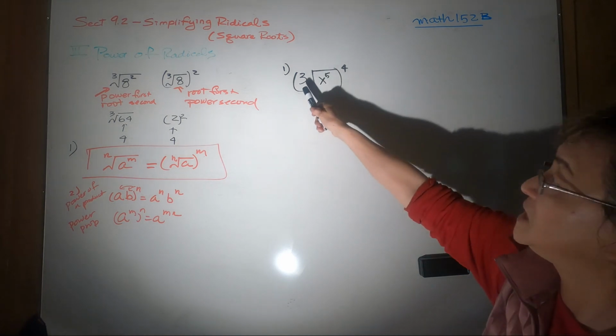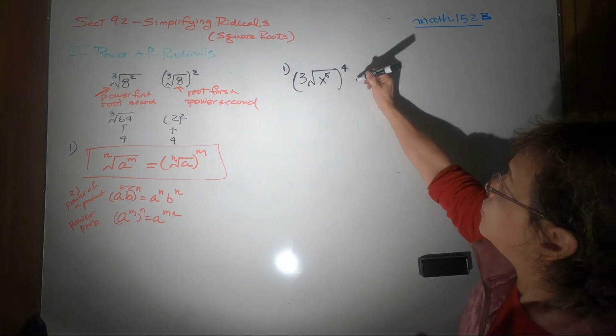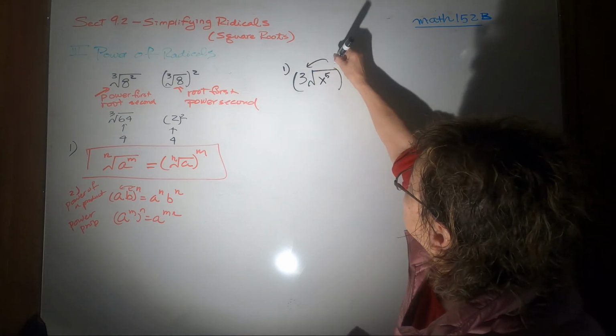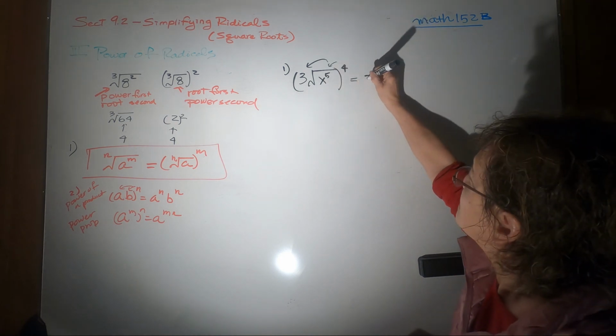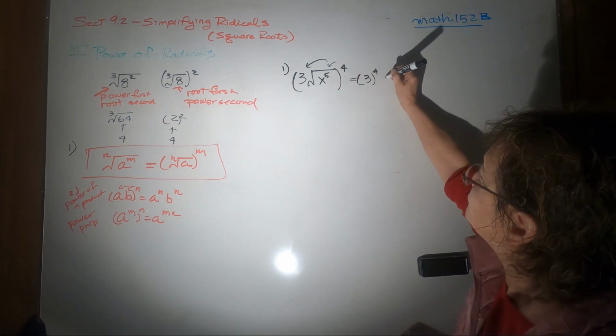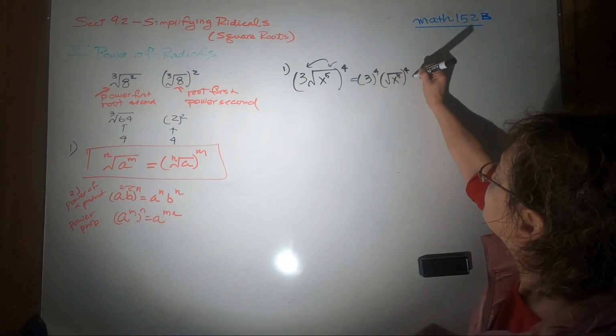One is 3, one is the square root of x to the fifth. So you need to distribute the 4 to it. So we have 3 to the 4th power, and the square root of x to the fifth, to the 4th power, right?